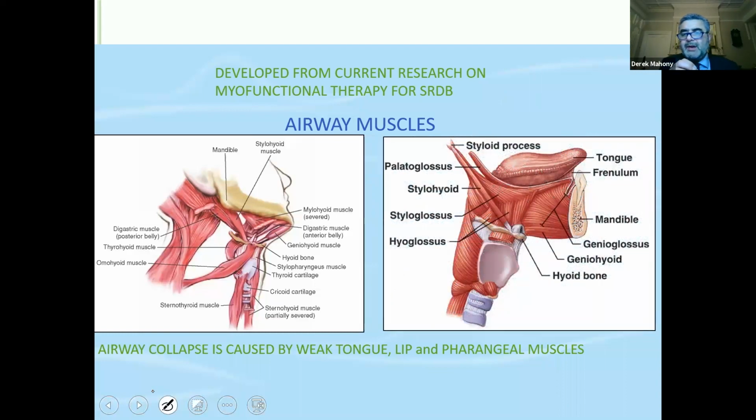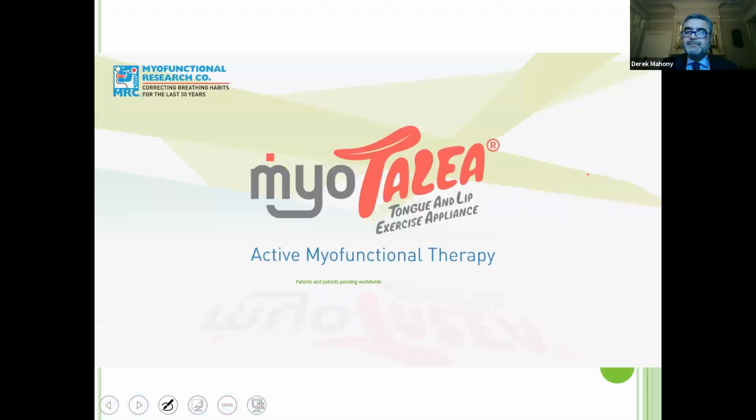So I talk about the number one muscle being the genioglossus, I think, and then geniohyoid. And I'll explain to you why that is. Because we need to get those working with us to get the jaw in the right position and get the tongue up onto the palate. And there I just listed the frenulum.